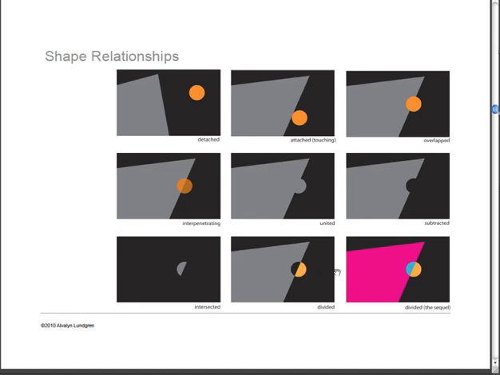So with division, we have two options being shown here. We have, of course, the circle, and then obviously it does have an overlapped relationship to the rectilinear shape, but the intersected area is now a different color. And so instead of two shapes like we have here, or one shape like we have here, we have three shapes, 1, 2, 3, and then of course the background shape.